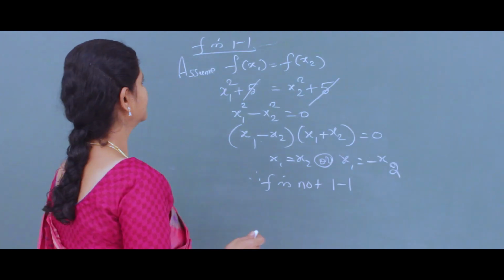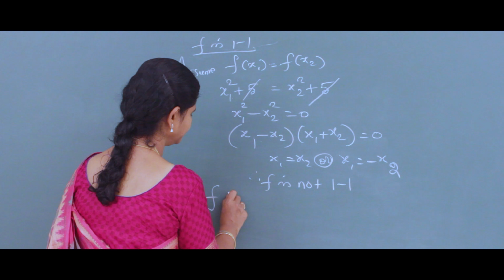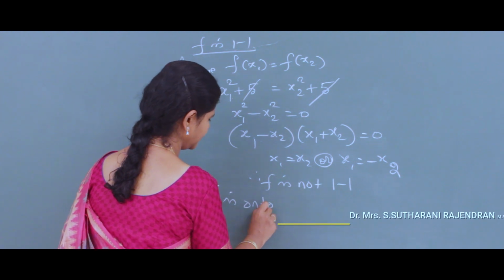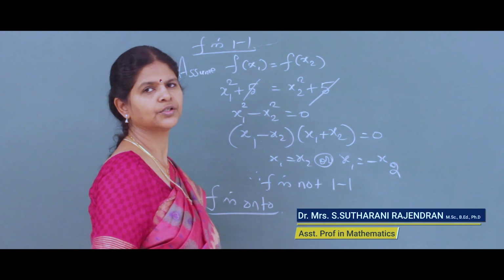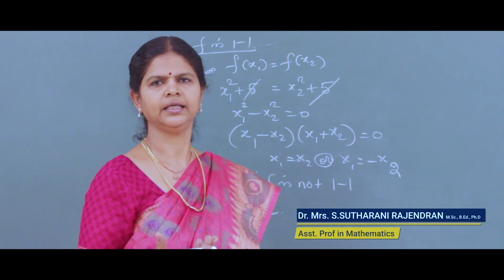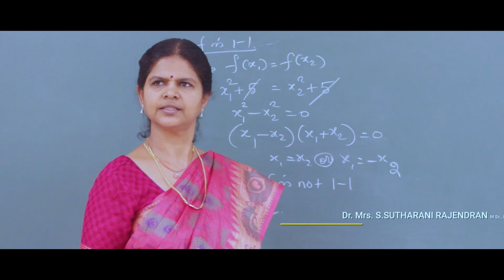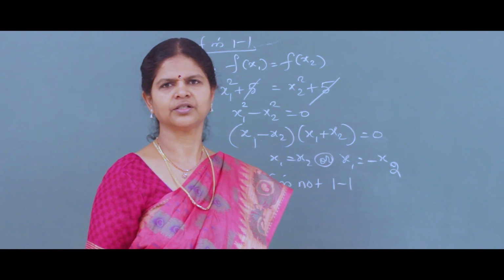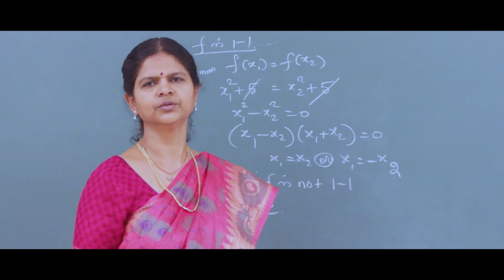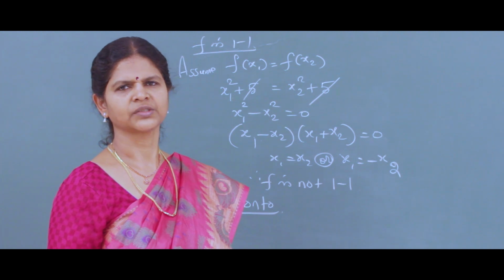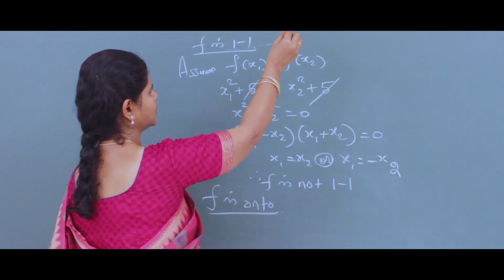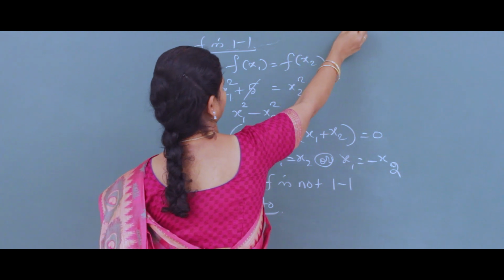Next we can prove whether f is onto. As I already said, for onto you have to prove the codomain is equal to the range of the function. So now what you do is, we are going to prove that the range of the function is equal to the codomain. So what is the function? The function is x square plus 5.